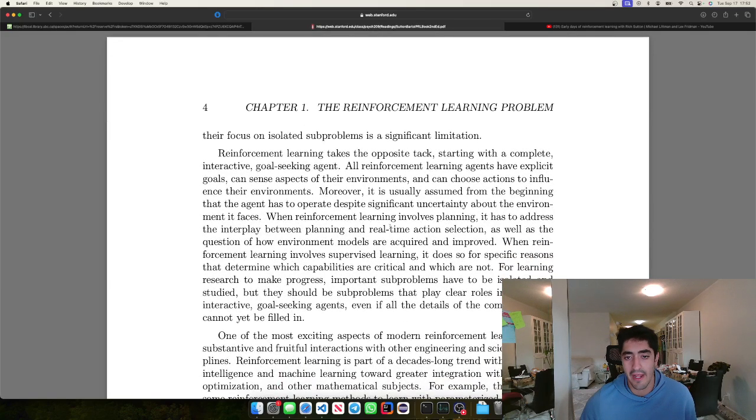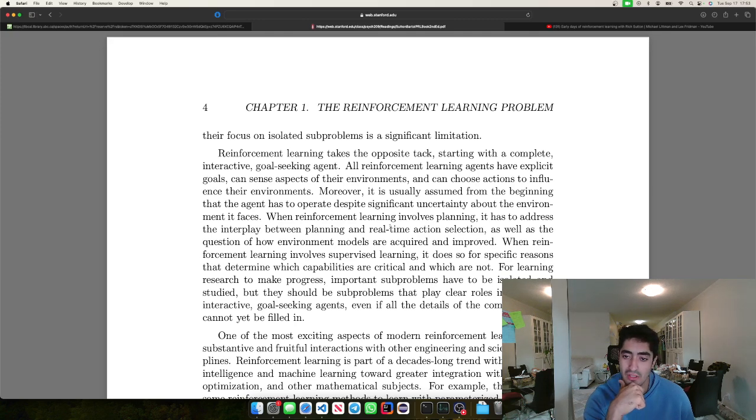Reinforcement learning takes the opposite tack, starting with a complete interactive goal-seeking agent. All reinforcement learning agents have explicit goals, can sense aspects of their environment, and can choose actions to influence their environments.